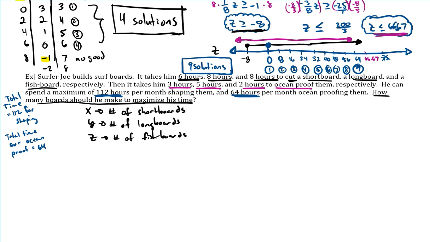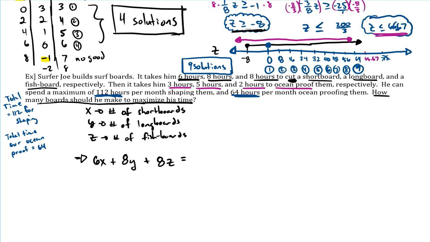And then now all we have to do to set up our system is to set the times that are related to whatever variable as their coefficients. So in the black ink again, the first one, it says 6, 8, and 8 for short, long, and fish. So that means 6x, and then we'll just keep adding, plus 8y plus 8z equals the total it takes for cutting.